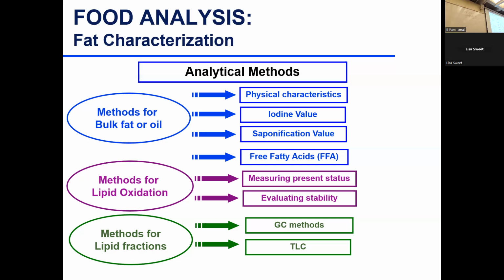The higher the degree of unsaturation and the higher the amount of free fatty acid, the more oxidation you're going to see over storage. It's a very nice lab, one of my favorite labs, where you link things together based on the composition of fatty acids. We're also going to talk briefly about looking at the different lipid fractions, cholesterol, trans fat, saturated, and unsaturated, with these methods.